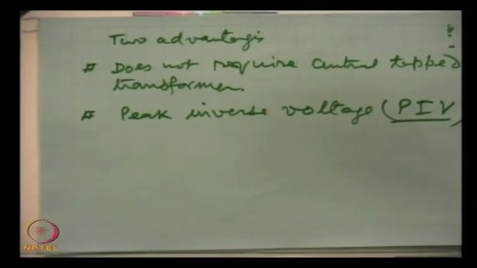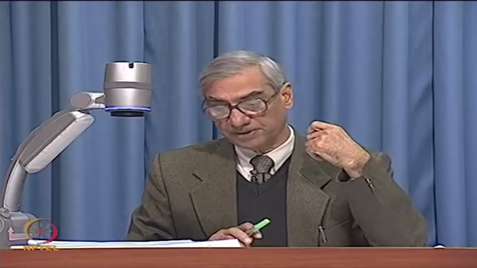The bridge rectifier is the one which is most widely used, and the most widely used filter circuit is a pi filter circuit, which makes use of one inductor and two capacitors. That completes our rectification process and the use of diodes in rectifiers.